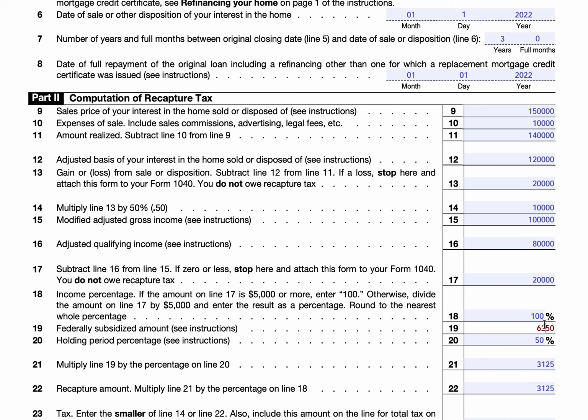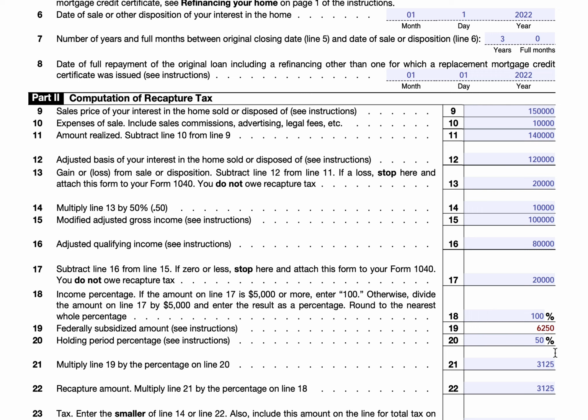The federally subsidized amount should also be found on the notification that you received from the bond issuer or your lender. It's equal to 6.25% of the highest loan amount that was federally subsidized. So just pretending that we took out a $100,000 loan to pay for this, 6.25% would be $6,250.